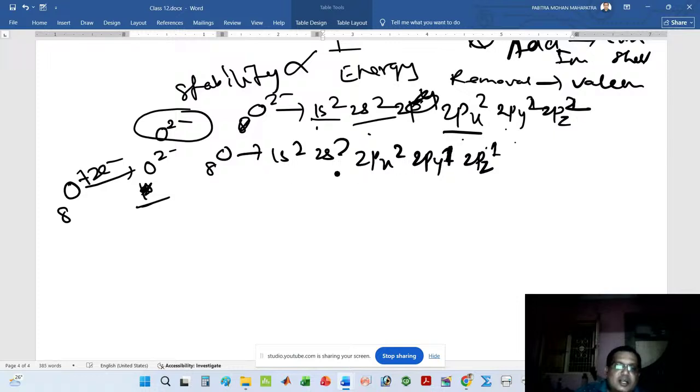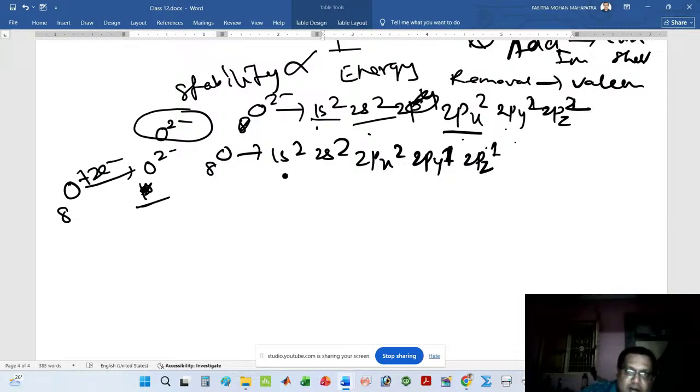Clear? This is the electron configuration of oxygen. Two electrons you will add. You will add the electrons into the core shell. If all the core shell is already filled, then you think about the valency shell.